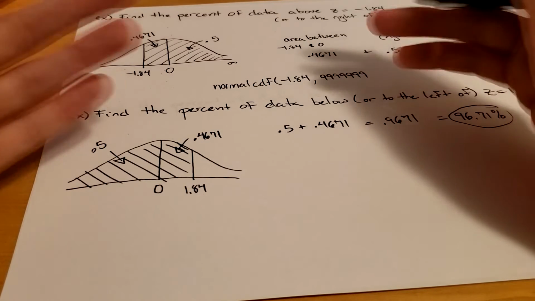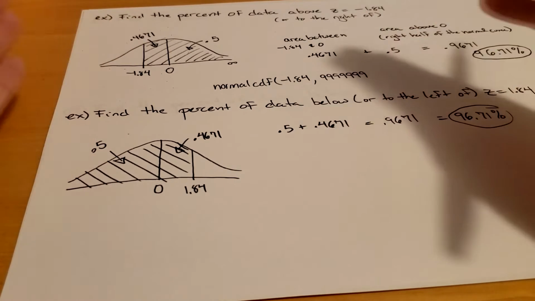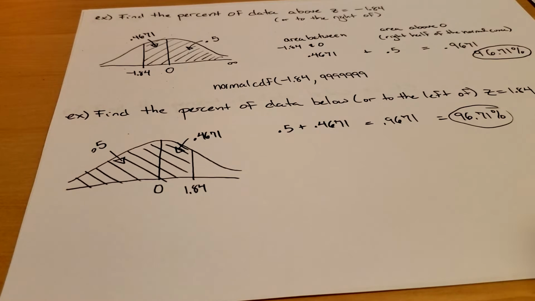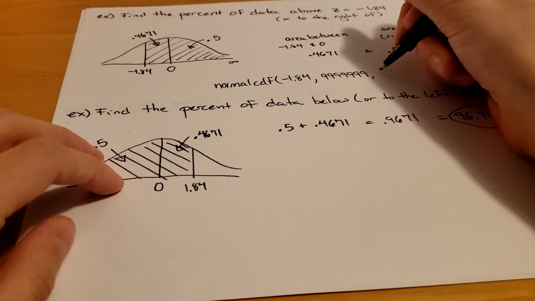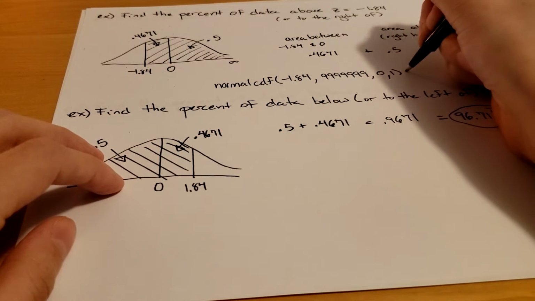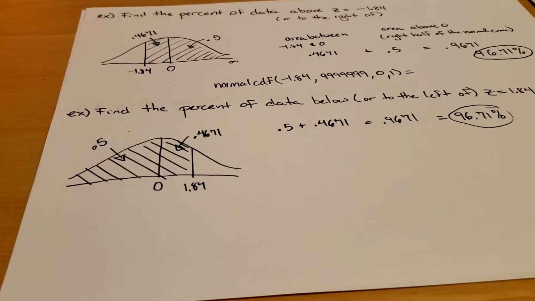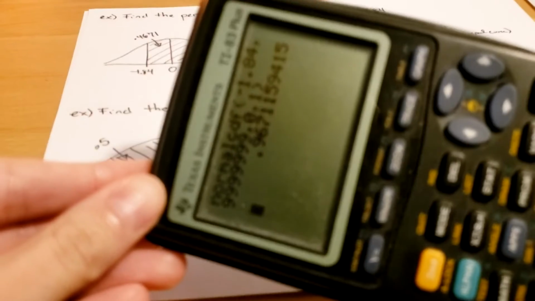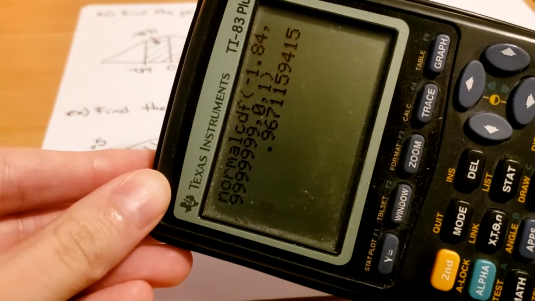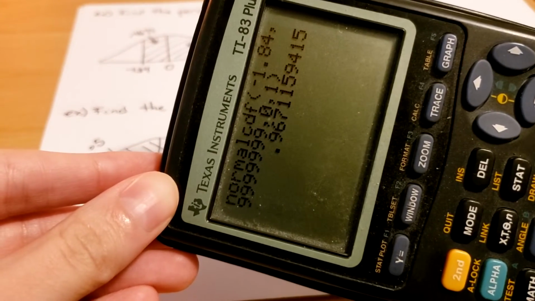As long as you put in a good amount of 9s, you're getting as close to infinity as you can, or you're just telling your calculator, we're working with a really big number, and that's a good enough approximation. Our mean is 0, and our standard deviation is 1. So we put this in the calculator, and we end up with 0.9671, which again is the same thing that we got here.